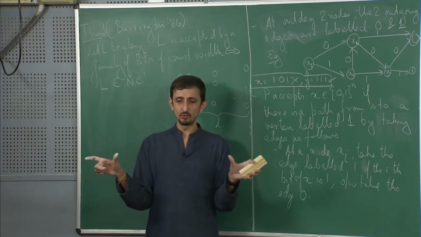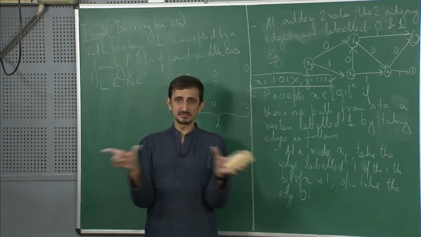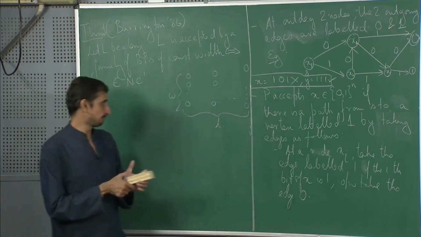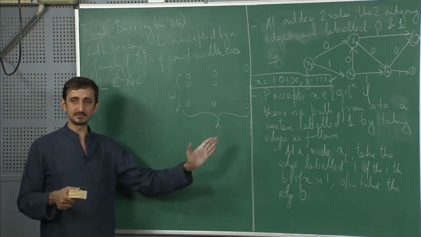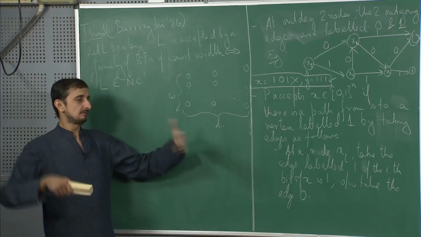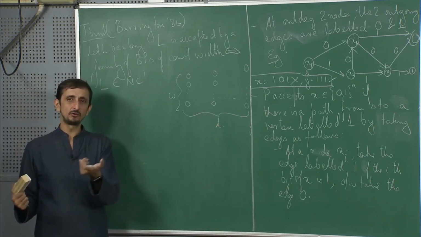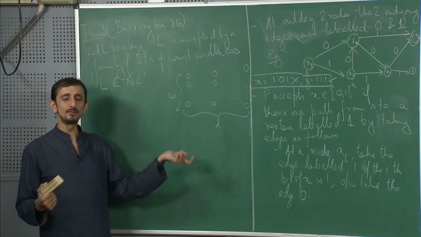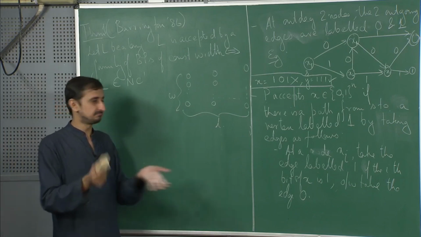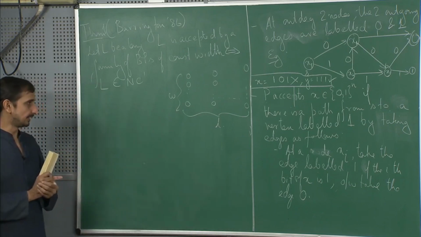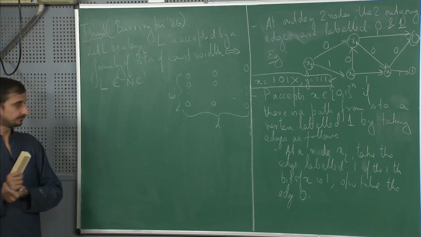So I group them into L by 2 matrices, then L by 4 matrices, and then I just keep on doing this. So in depth log n, I would be coming to just a product of 2 matrices, and that can easily be done by a constant depth circuit.